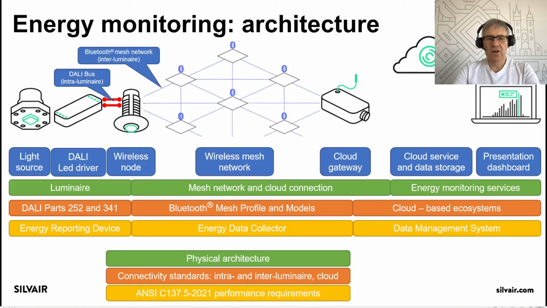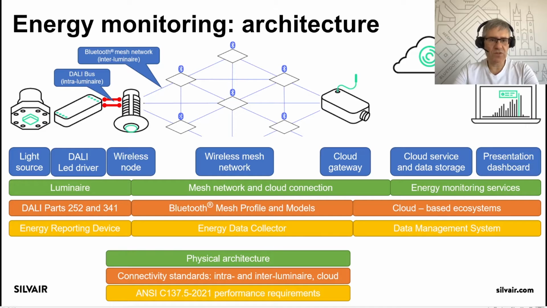So looking at the complete system architecture, this is how it may look like. If we go in this illustration from the left side, we have the light source, then we have the driver, and then we have the DALI bus, the two wires connecting the driver to the wireless node.